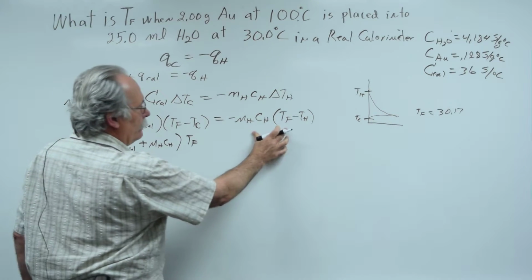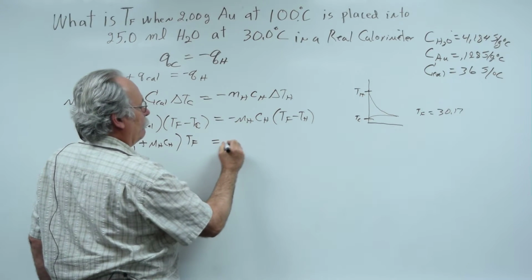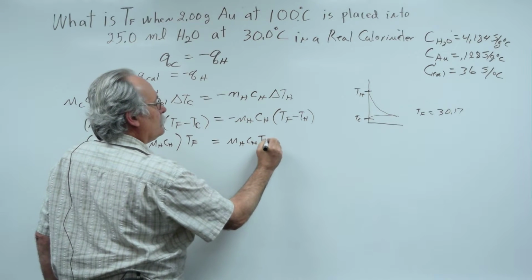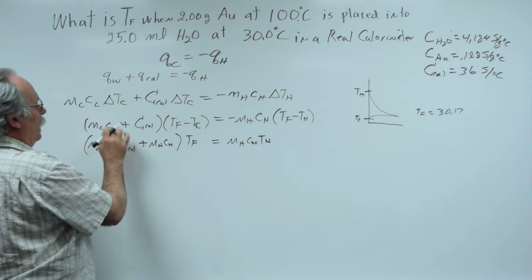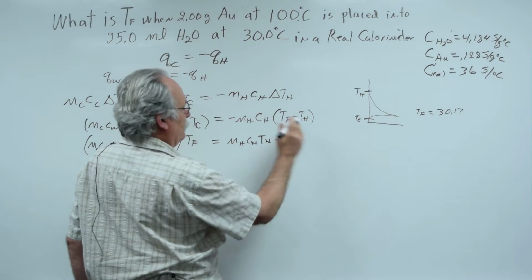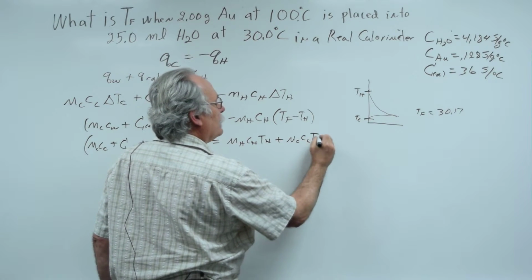Now over here, I have my minus MHCH-TH. So I have my MHCH-TH. And now I have my Tc as a minus CW, which is the cold. So this becomes a positive, because I bring it to the other side, MCCC-TC.